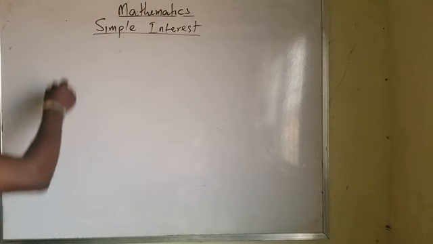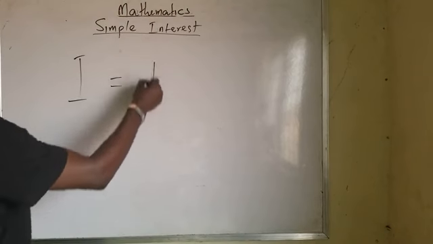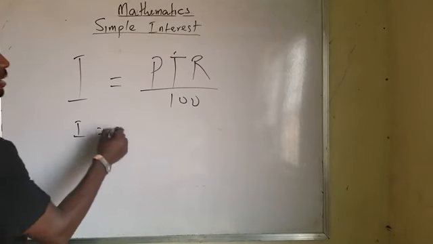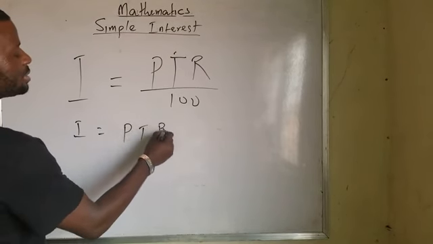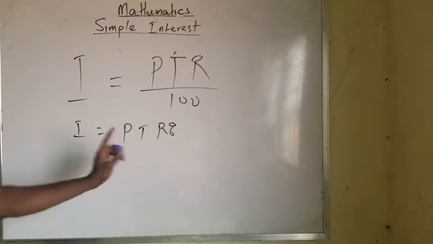We all know that interest equals principal times time times rate, divided by 100. Is it the rate that carries the 100? Principal times time and rate percent are the same. Take note of that.